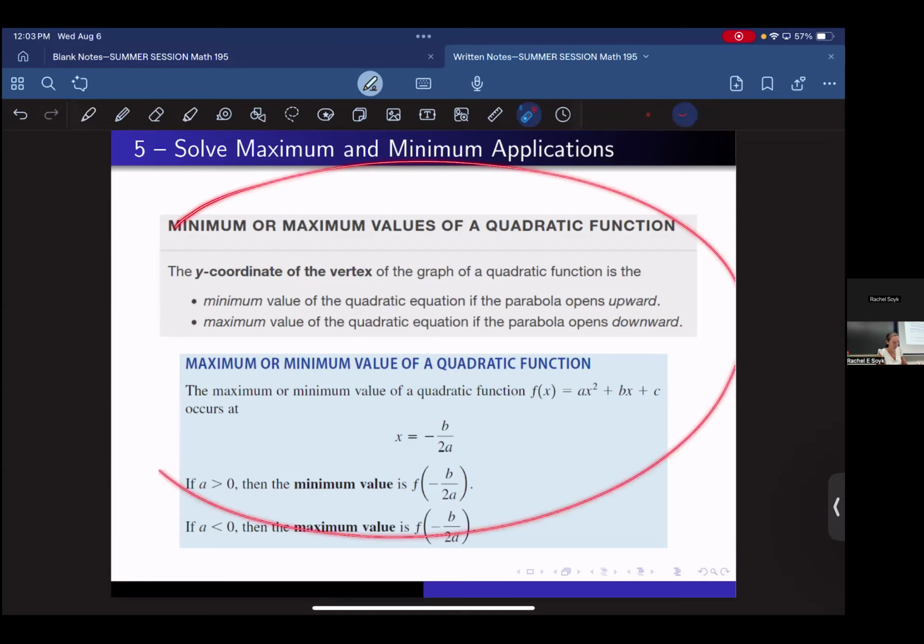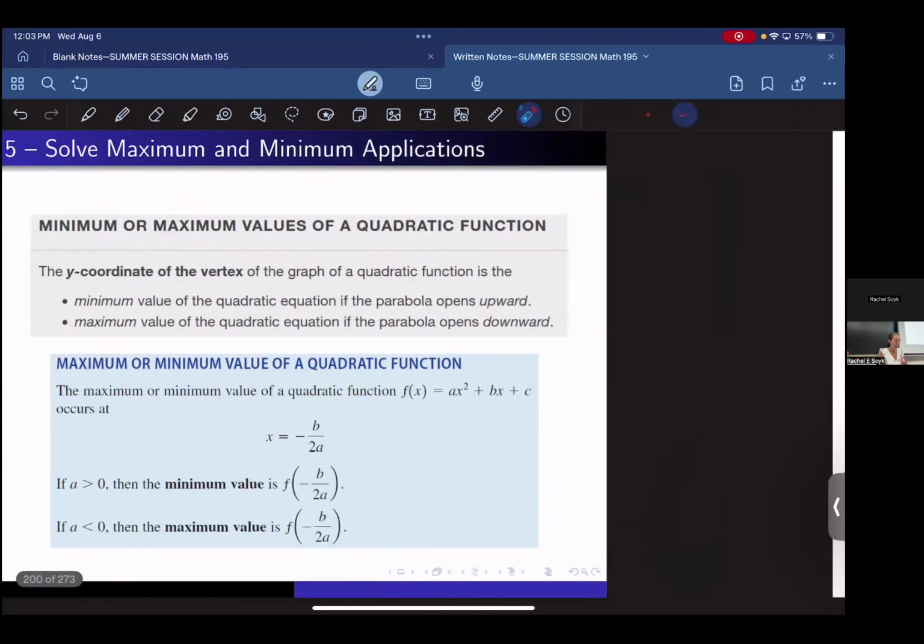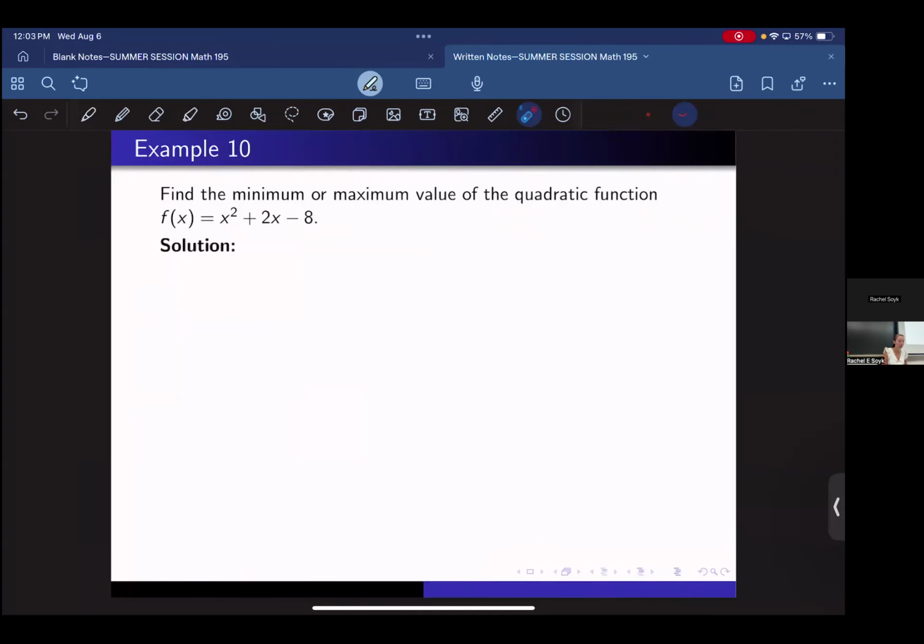So that's essentially what this whole slide is saying. And this last example is just finding the minimum or maximum value. It's a very common question that I tend to see on midterm exams as well as final exams.